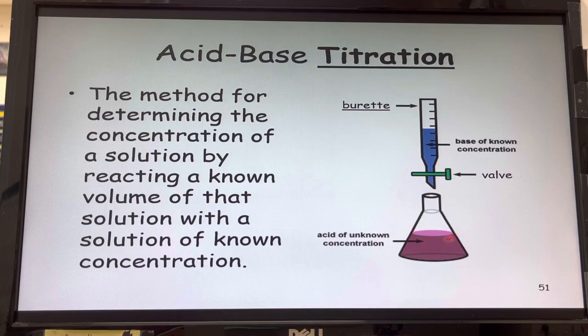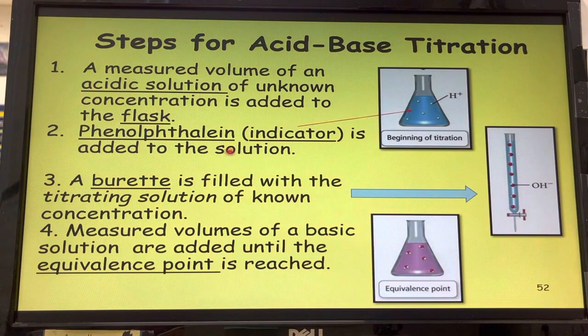And you can do a little bit of math, and then that tells you what the concentration of the acid is. Because when it turns colors, that means it is neutralized. Pretty cool.